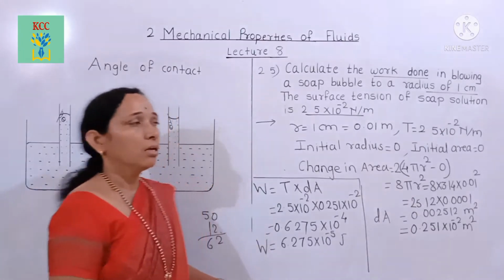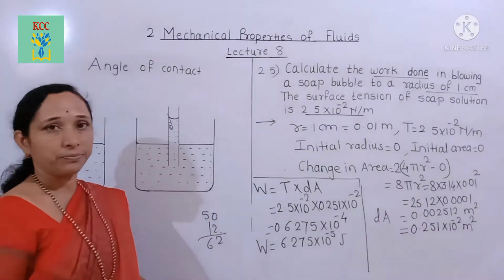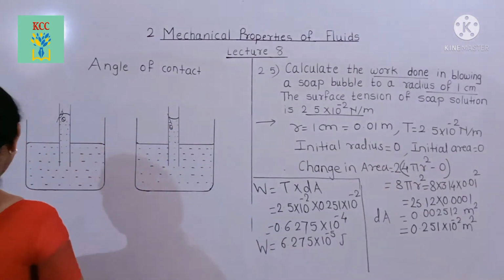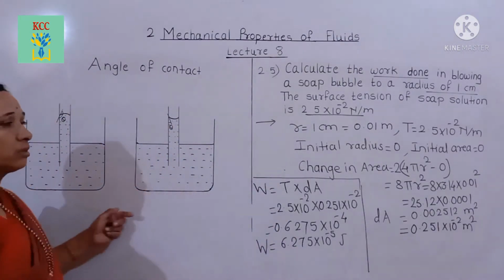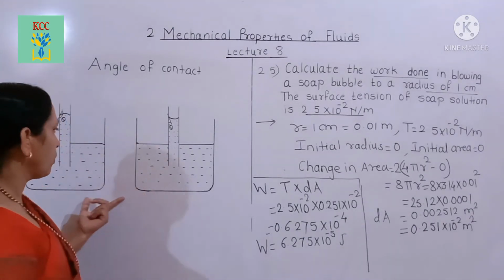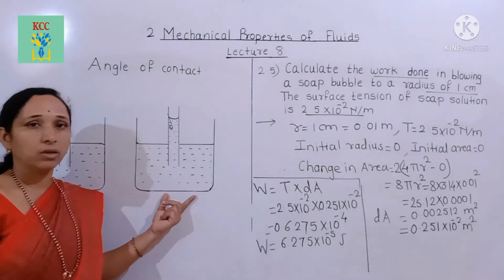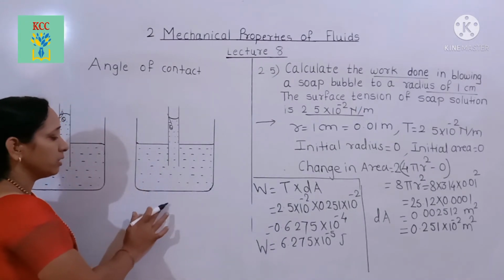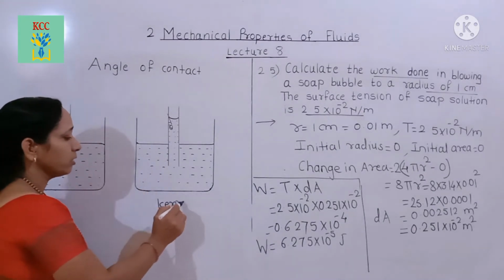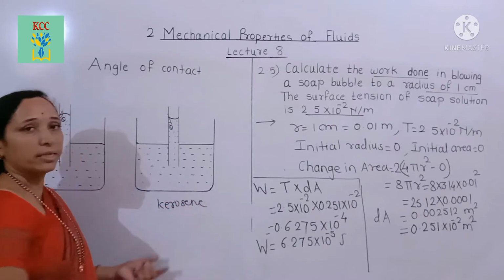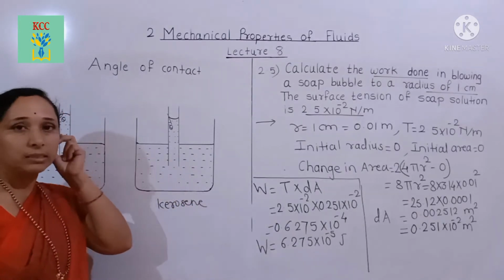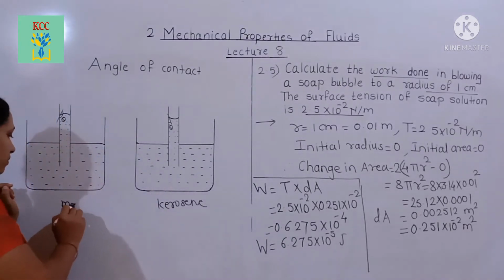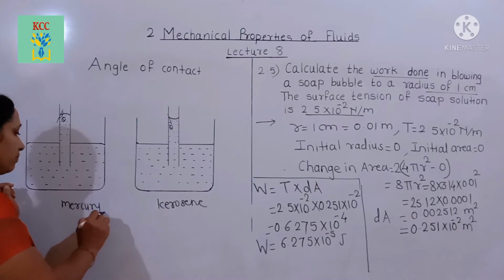Now we see the angle of contact. Here this is a, that is for liquid surface. Liquid in this case kerosene is taken in this container, that is glass container, and here mercury is taken.